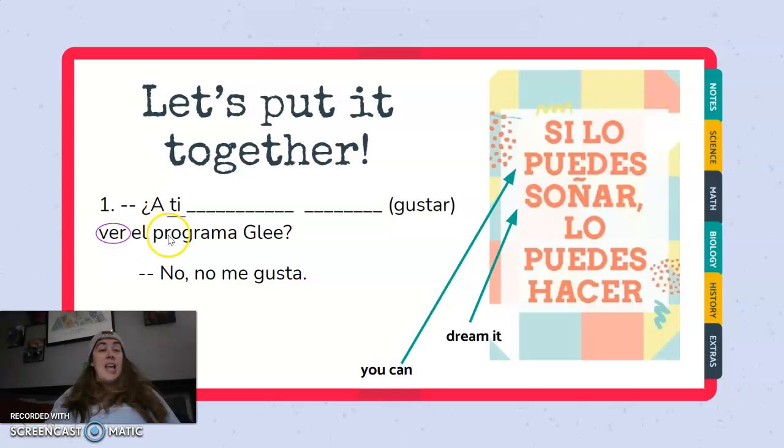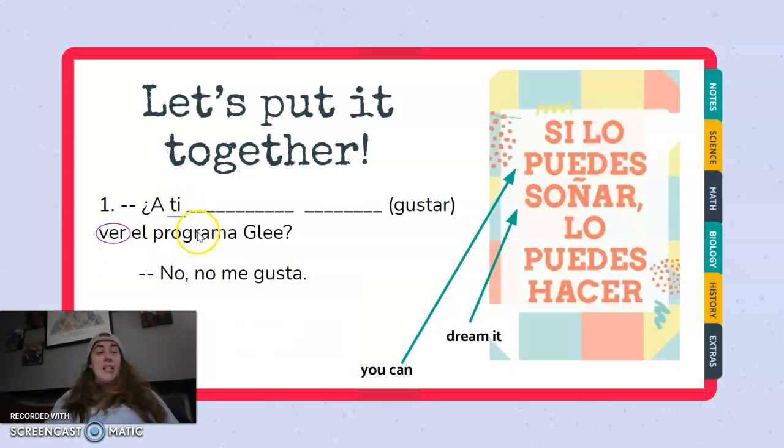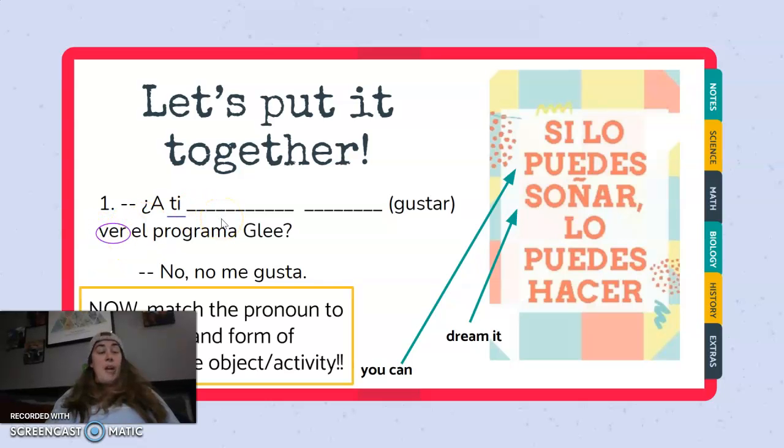And in this case, the action that's liked is ver, so to see the Glee program. So with that in mind, we would circle ver. So when we go ahead and put our pronouns in there and our form of gustar, those are the two pieces that we're matching it to. So a ti te gusta ver el programa de Glee.